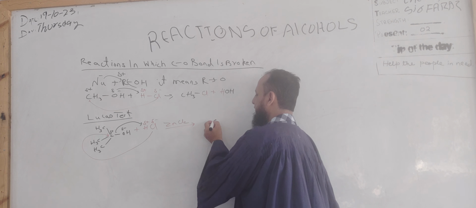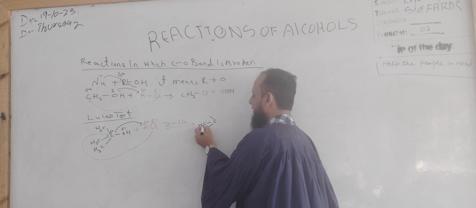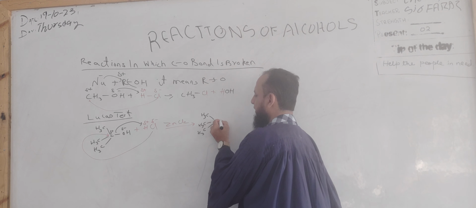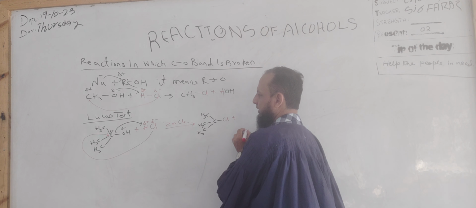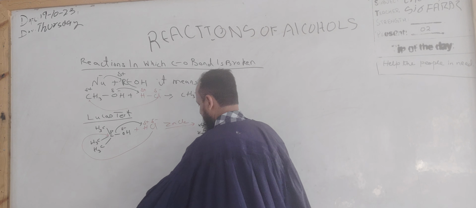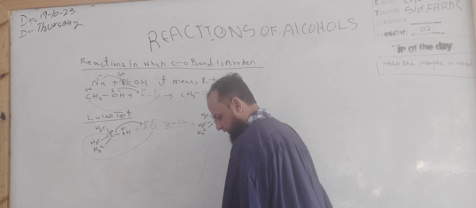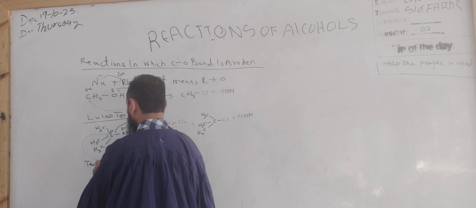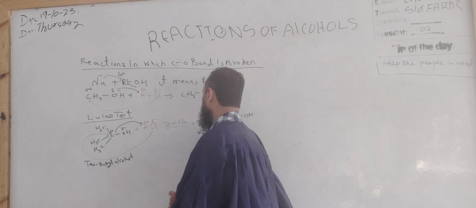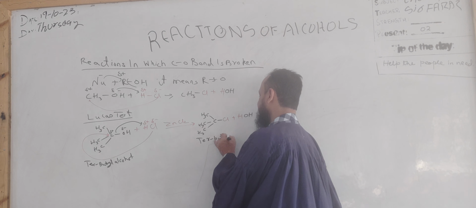So we get CH3, CH3 and CH3 with chloride, and we also get HOH, water. This compound was basically tertiary butyl alcohol, and this compound is tertiary butyl chloride.